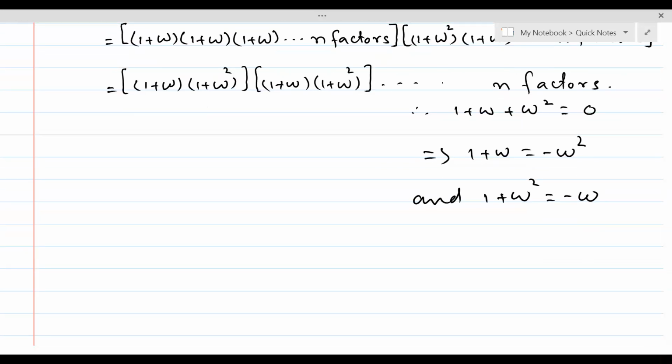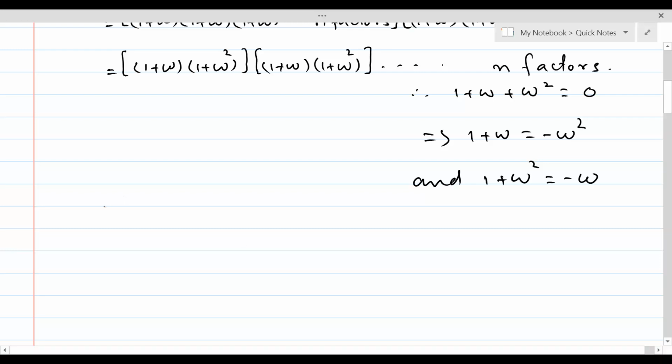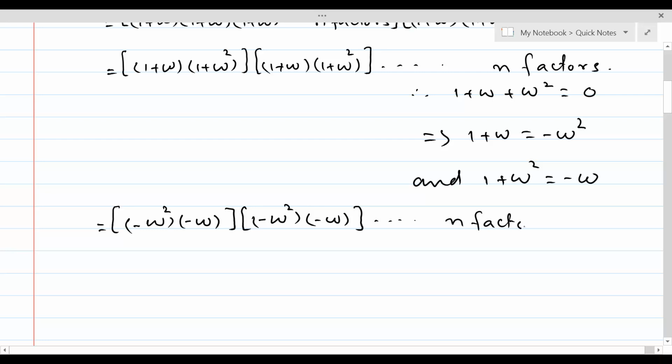So if we use these formulas, we will have this product equal to minus omega square times minus omega into again minus omega square times minus omega, so on up to n factors.